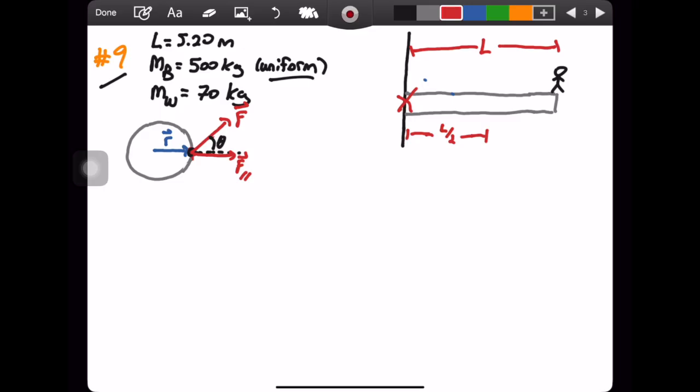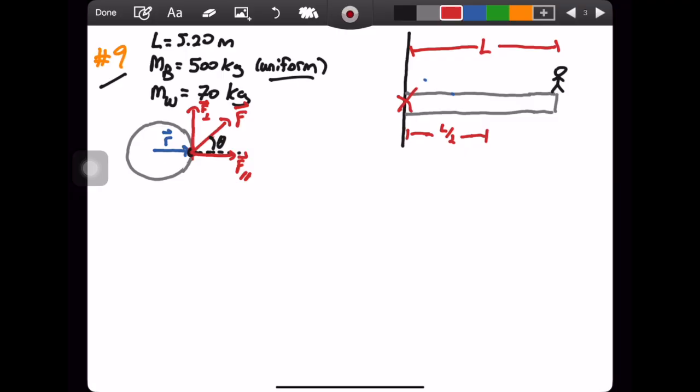As I showed previously, if the force is parallel or anti-parallel to the position vector, it doesn't cause rotation. If it doesn't cause rotation, there's no torque. It could cause stretching or shrinking, but it's not going to cause rotation. So this F parallel is not going to cause rotation. However, there's also a component of the force, which I'm going to call F perpendicular, and that absolutely causes rotation.